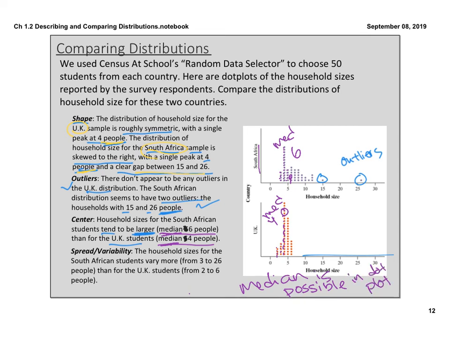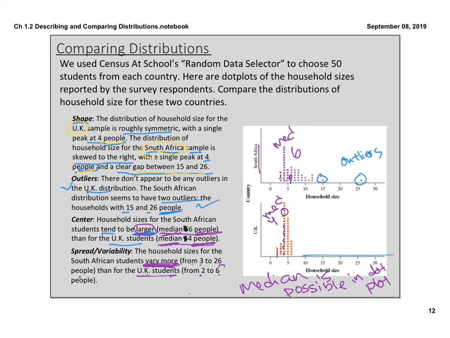Okay, so again, they used comparative language. South African homes tend to be larger. Their median is 6 people. The United K students have a median of 4 people. Okay, the last thing, spread and variability. The household sizes for the South African students vary more, from 3 to 26 people, than the United K students who vary from 2 to 6 people.